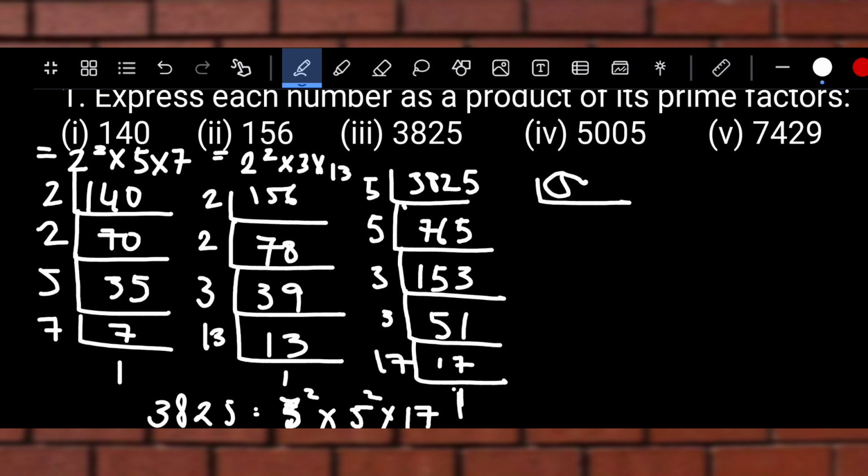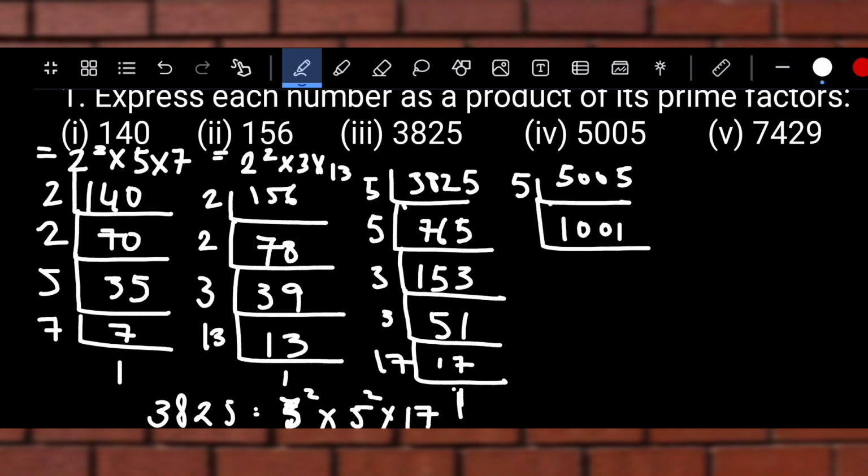5005. This number is divisible by 5. So when I divide it, I get 1001. When I divide this number, it is not divisible by 2, 3, 4, 5. So let's check if it is divisible by 7.